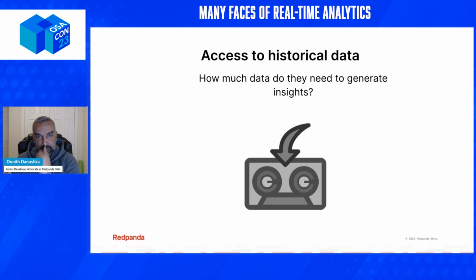And then final thing would be access to historical data. That means how much of past data you need to generate insights.